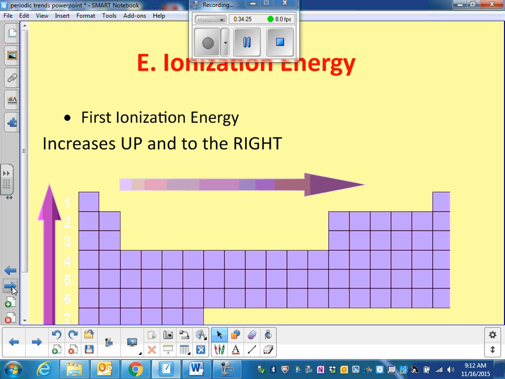It gets smaller and smaller. What is the pattern? So the energy gets higher. So ionization energy increases as you go across a period. Does it make sense? So you need more energy to remove as you go across. You need less energy as you go down. Does it make sense? Okay?